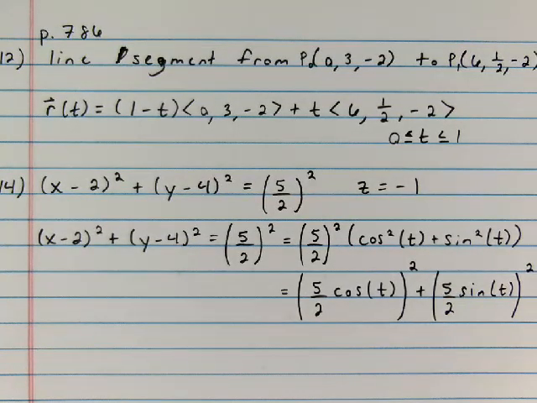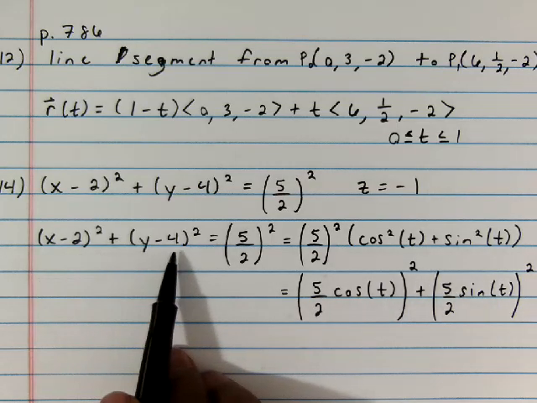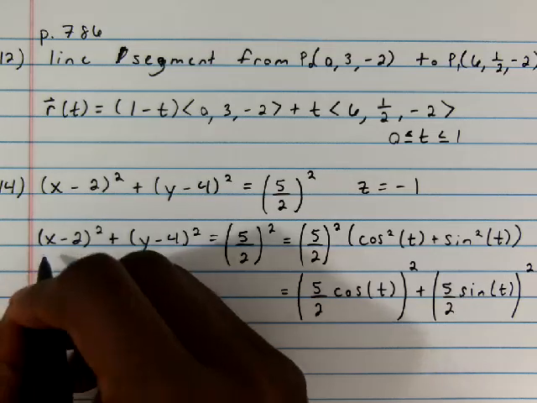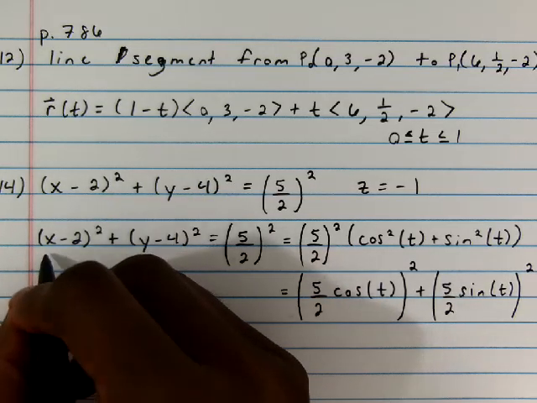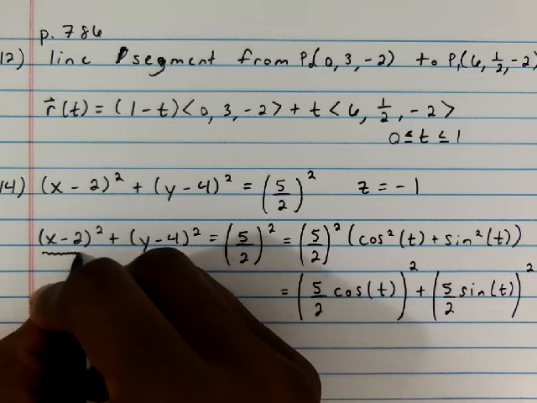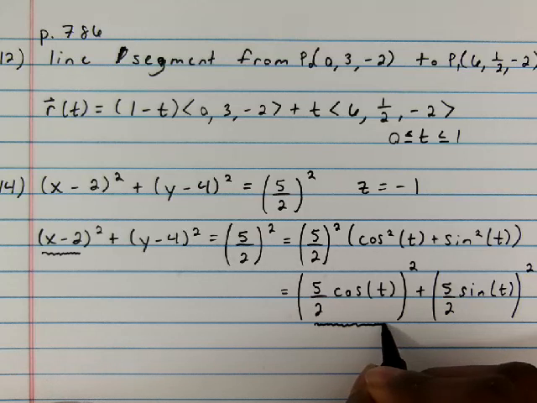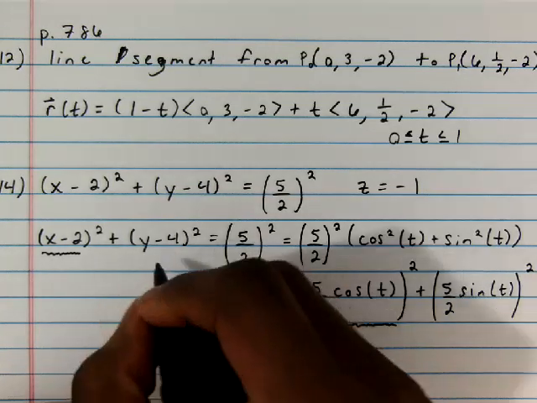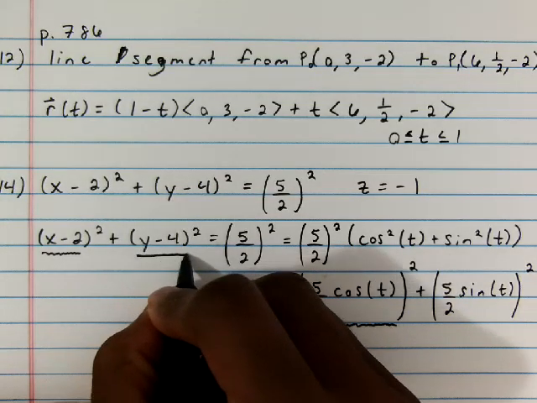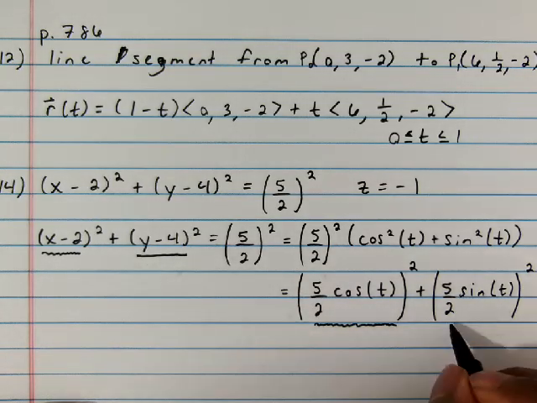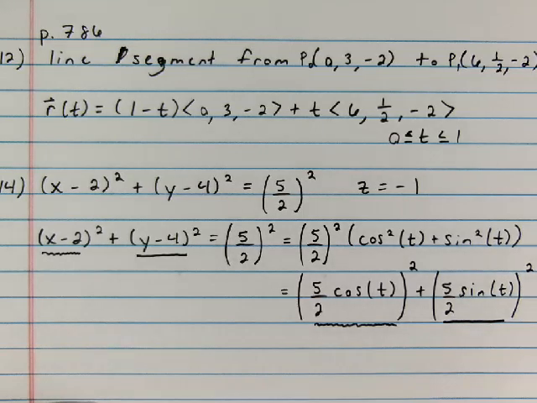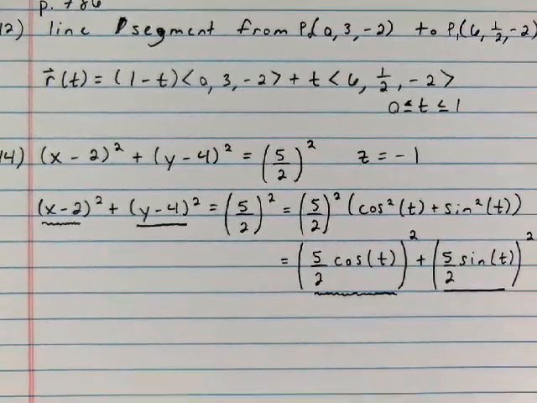So now I have that this sum of squares right here is the same as this sum of squares over here. So I'm going to let x minus 2, put a squiggly line under that, be equal to 5/2 cosine t. And I'm going to let y minus 4, and put a straight line under that, be equal to 5/2 sine of t. So now that'll give me my parameterization that I want.